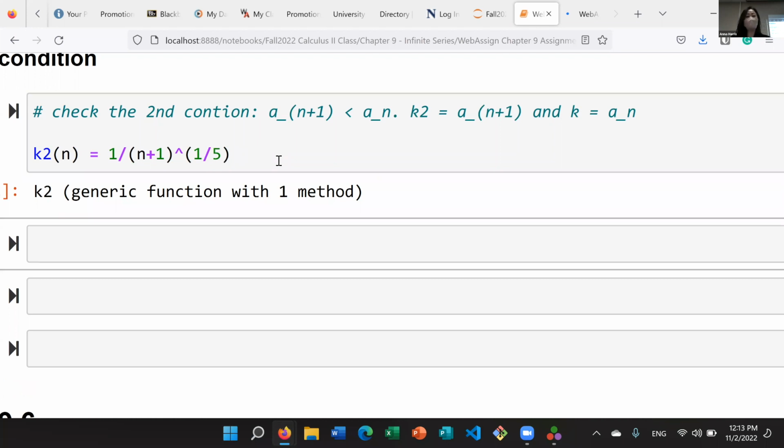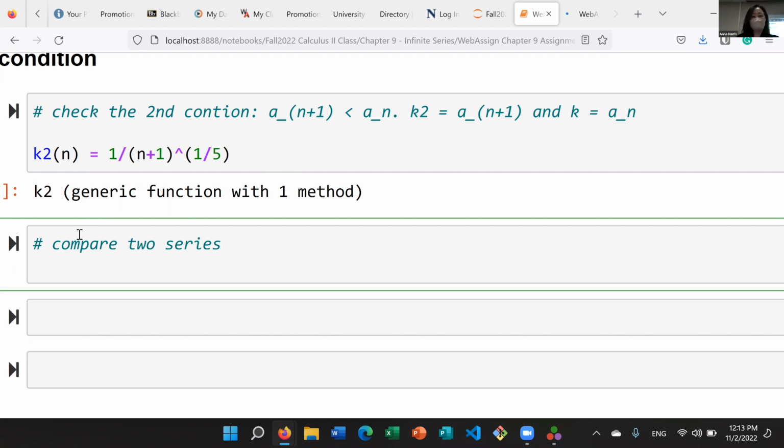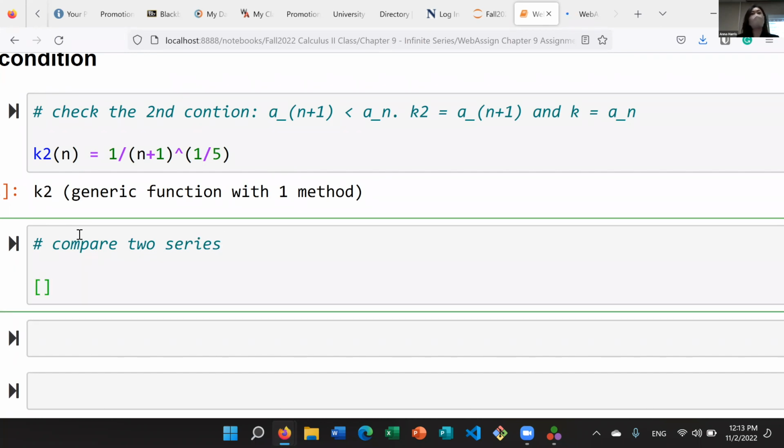How can I compare them? Let's compare two series. I'm going to make a matrix: k dot n is my first one, and the other one is k2 dot n.